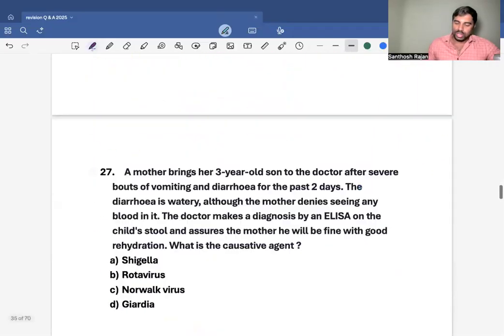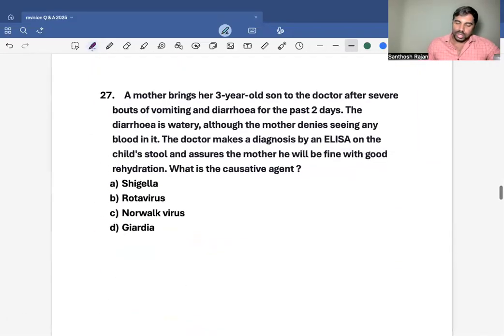Okay, next. A mother brings her 3-year-old child, vomiting and diarrhea for the past 2 weeks. This is another very interesting question. So childhood diarrhea, the first thing you have to think of is rotavirus. The diarrhea is watery, and although the mother denies any blood in it, so it's not dysentery, it's plain diarrhea, and the doctor makes the diagnosis by ELISA on the stool.